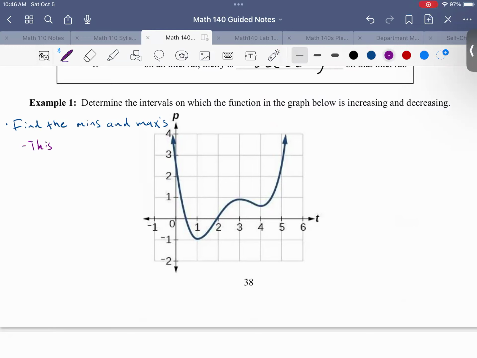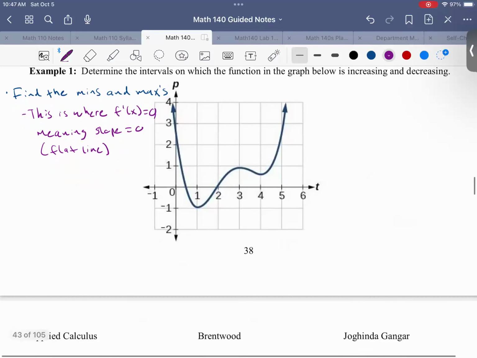These mins and maxes are where the derivative equals 0, just like we saw above with our vertexes. So where the derivative equals 0. And this means the derivative has no slope there. Okay, meaning like a flat line.